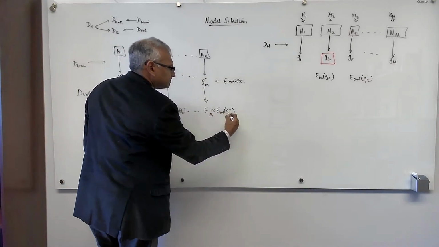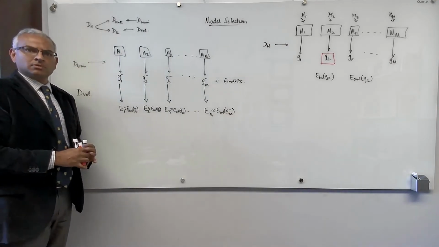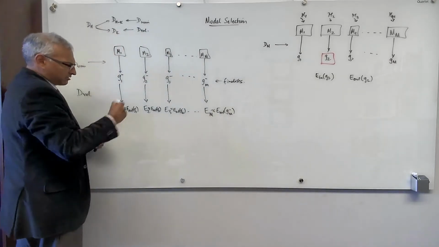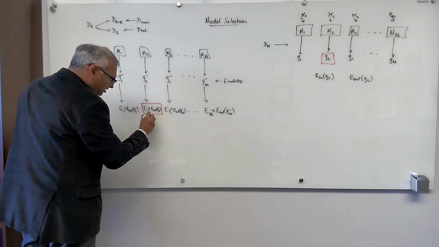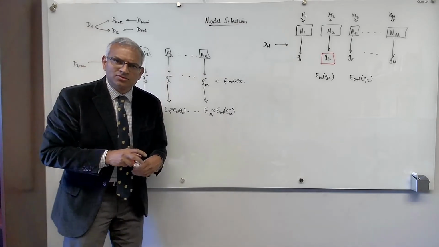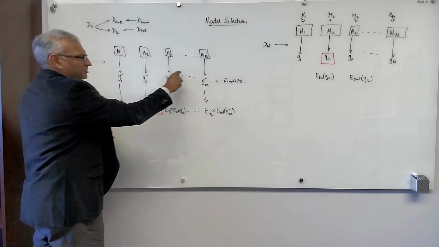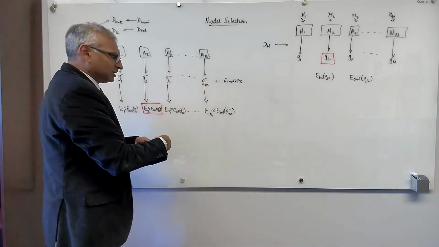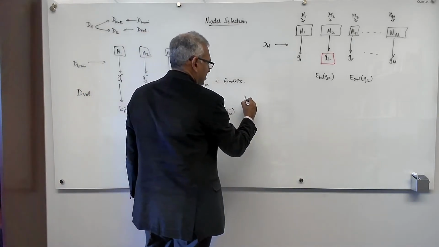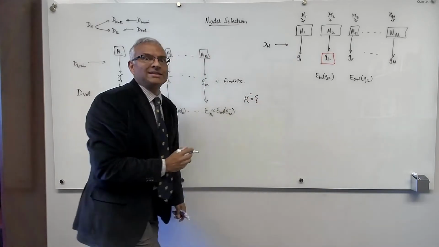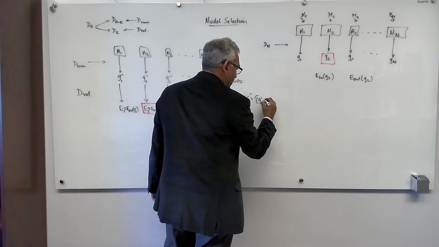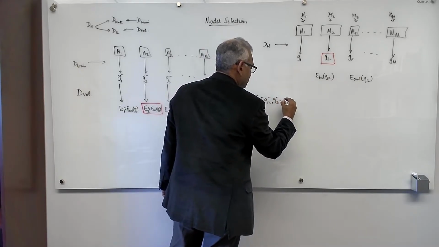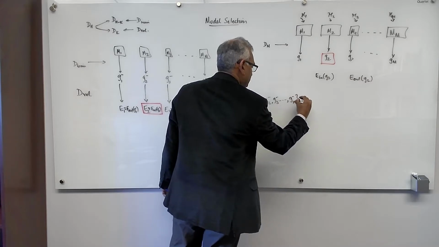and this is approximately equal to E_out of g_M minus. Now, simple solution to the model selection problem. Pick the model which got the smallest validation error. So you can think of these g minuses as a new hypothesis set. Let me define a deficient hypothesis set H minus, which is just the finite collection of hypotheses, g1 minus, g2 minus, g3 minus, and so on, up to g_M minus.